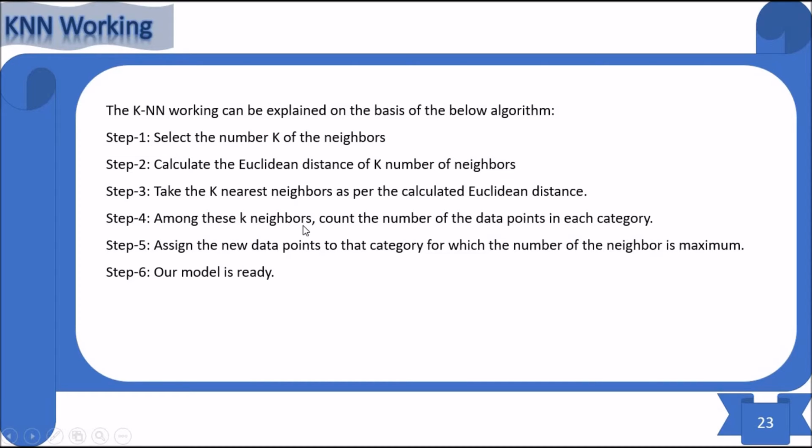Among these k neighbors you have to count the number of data points in each category, and assign the new data point to the category for which the number of neighbors is maximum. Then our model becomes ready.